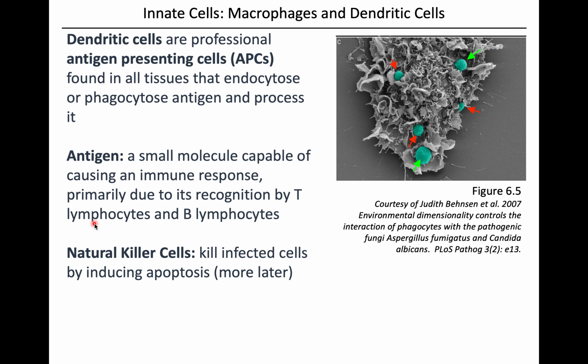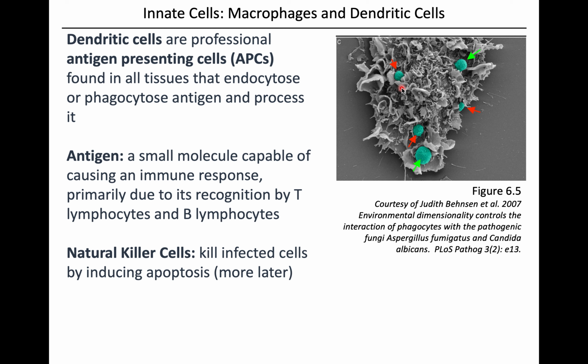You also have dendritic cells. These are what are called antigen presenting cells, or APCs. They're also phagocytic, so they can eat antigens, which is what you see happening in this image here. So this is a dendritic cell. You can see some antigens in green being ingested by that dendritic cell.